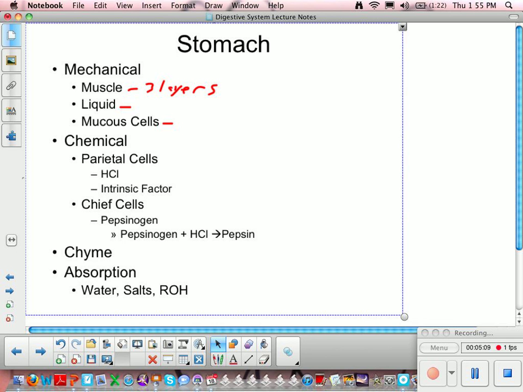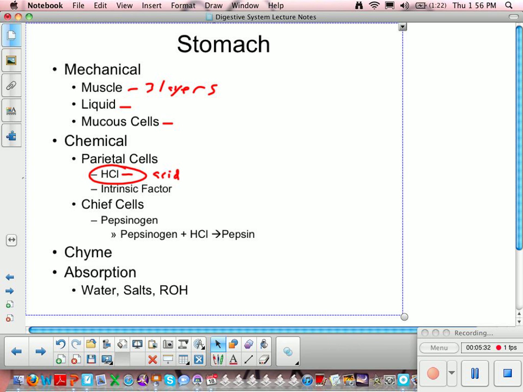We have the chemical digestion part of the stomach. The parietal cells produce hydrochloric acid. So that's our stomach acid.